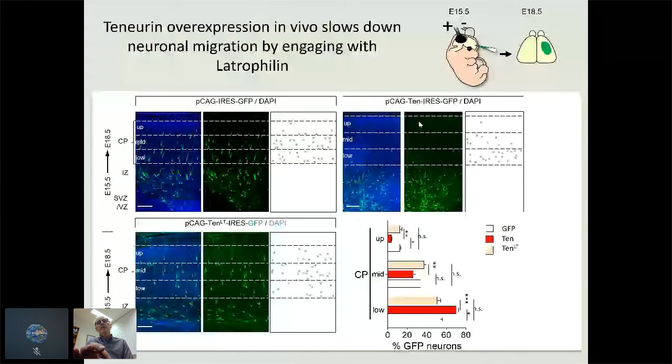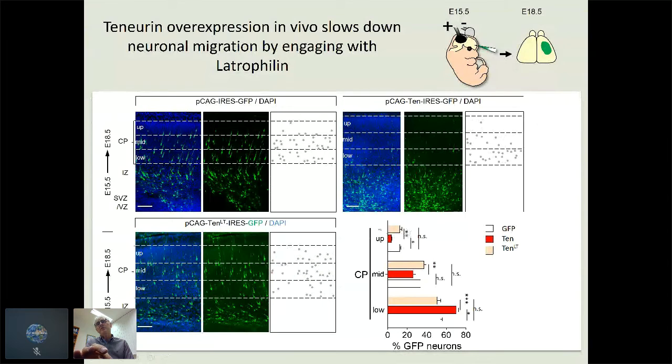If he overexpresses Teneurin, you could see that there aren't as many neurons in the upper cortical plate. You can see here, and also the middle part. And if he uses a point mutant of Teneurin, which has a mutation on the barrel that no longer allows interaction with latrophilin, then that effect was rescued, or not observed, I should say.